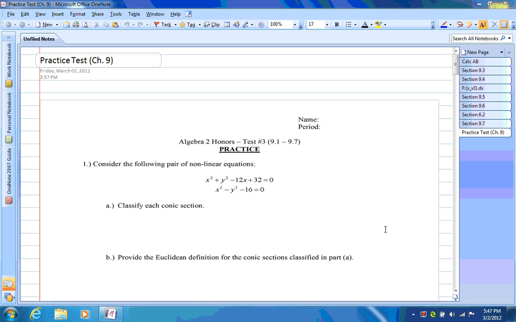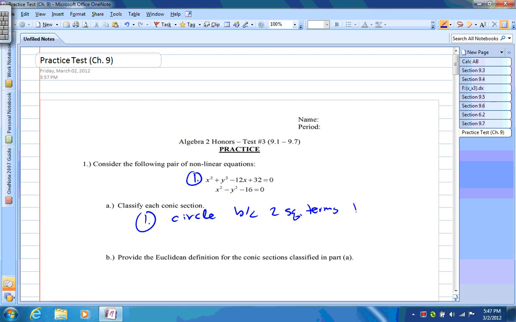You're asked to consider the following pair of nonlinear equations. Hopefully you can identify the first one, which I'll label as 1, as a circle. That's because you have 2 squared terms that are positive and equal coefficients.